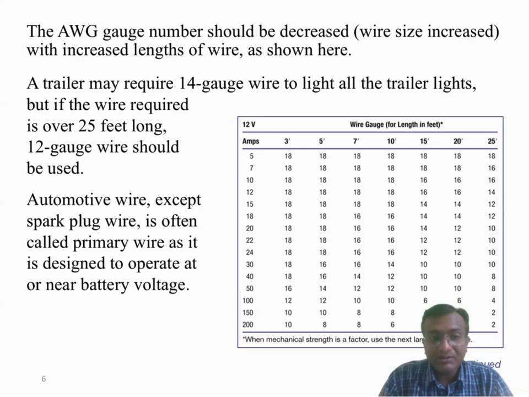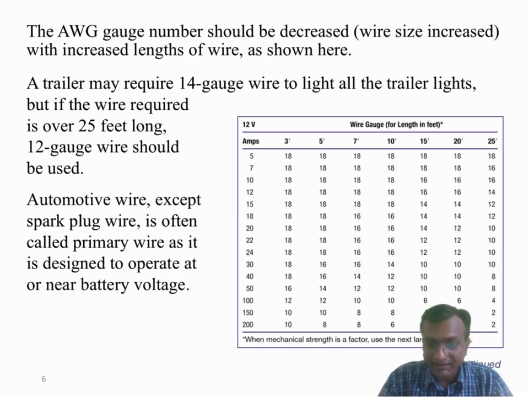So the longer a wire runs, the thicker it needs to be to reduce the energy loss. If a wire is too thin, it could overheat. For example, a trailer light might need a 14 gauge wire, but if it is over 20 feet long, switching to a 12 gauge wire is safer.